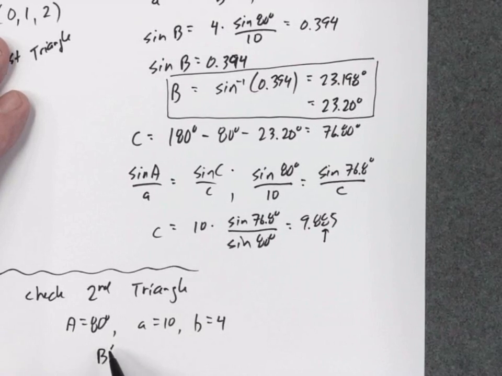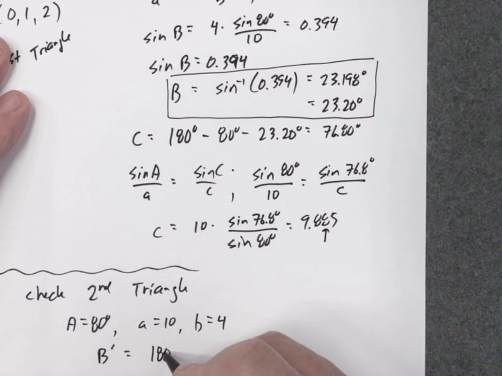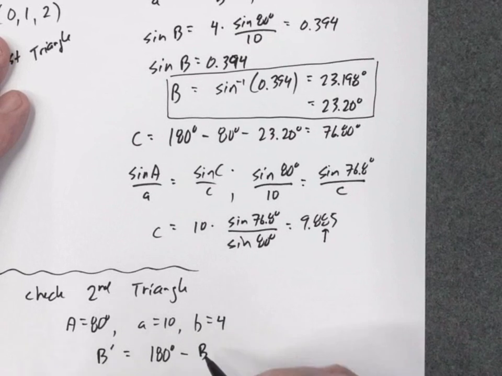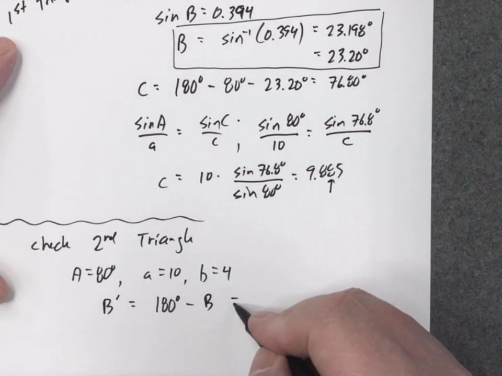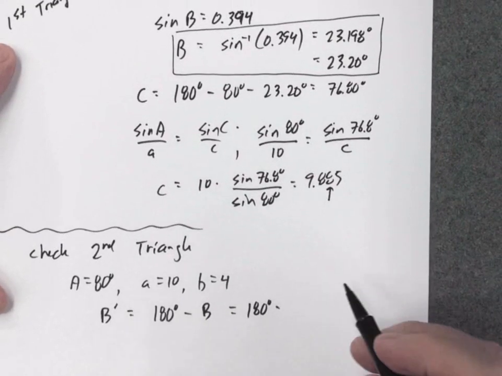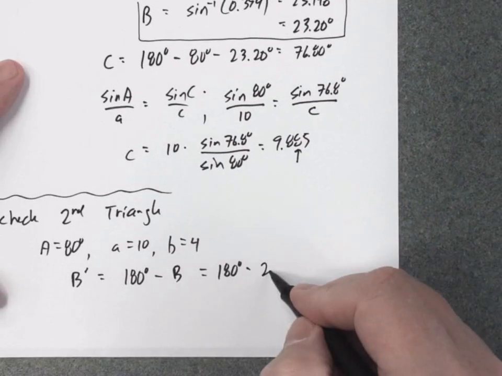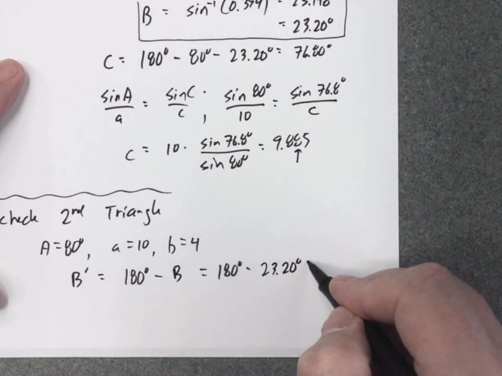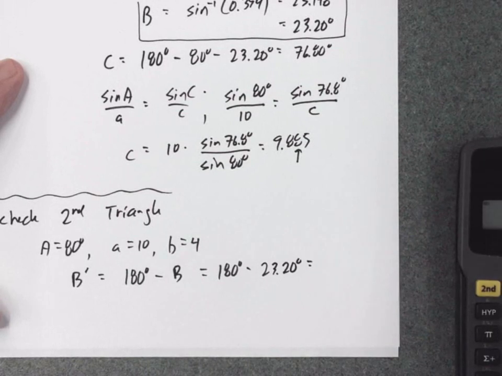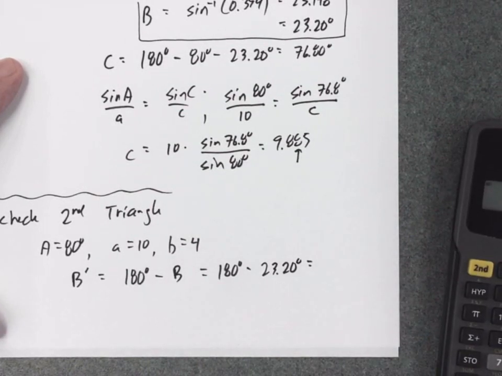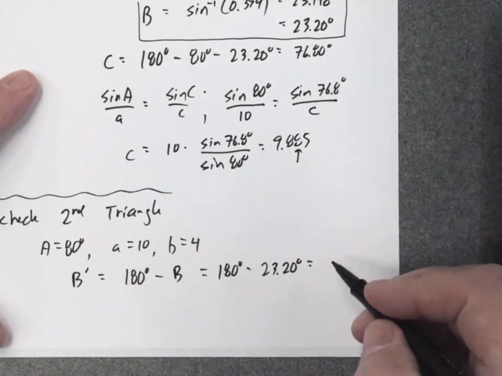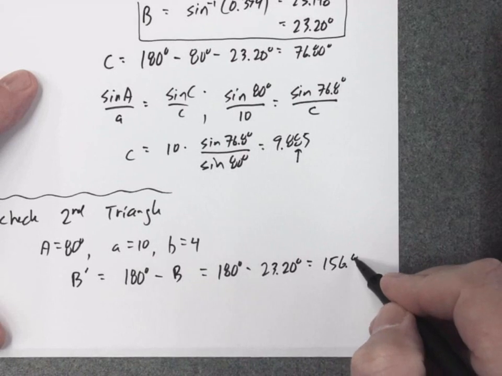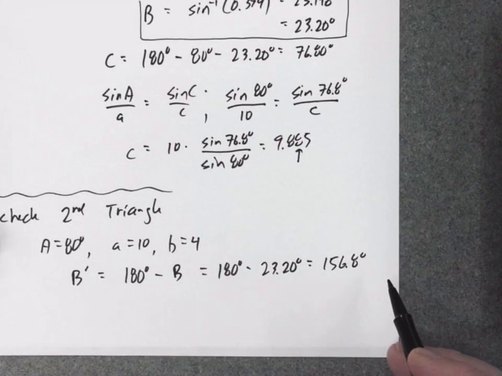So this means angle B of the second triangle. And it's going to be 180 degrees, subtracting angle B from the first triangle. So 180 degrees minus 23.2 degrees. So this is going to be my new angle B. 180 minus 23.2 is 156.8 degrees. So that's my new angle B.